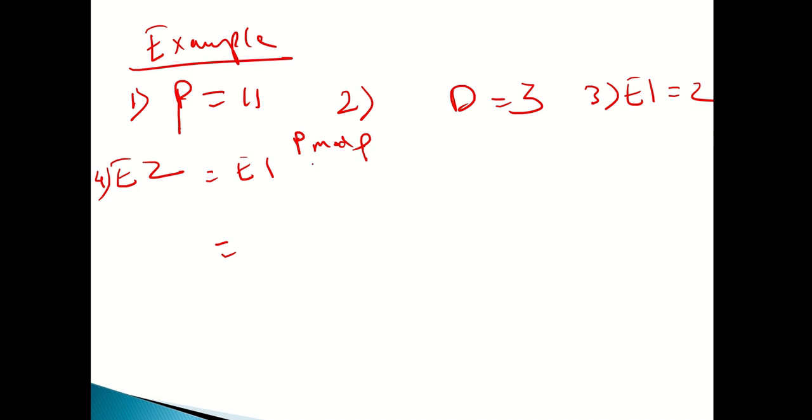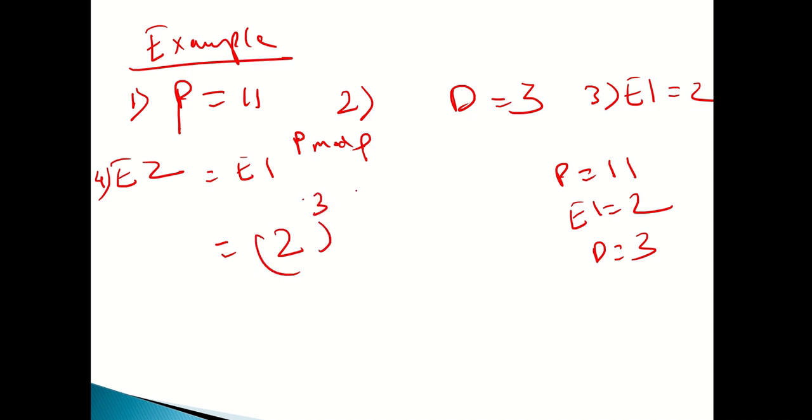We have P is equal to 11, E1 is equal to 2, and D is equal to 3, and we have written all those things. So 2 to the power 3 mod 11 is 8 mod 11, which is 8.